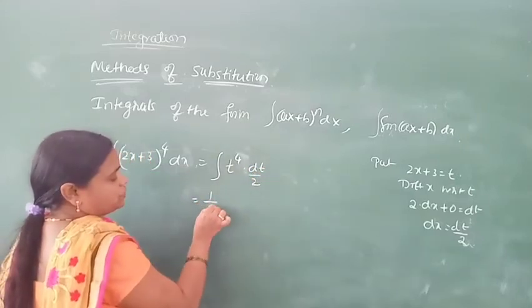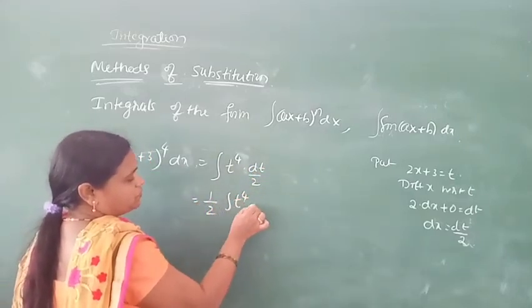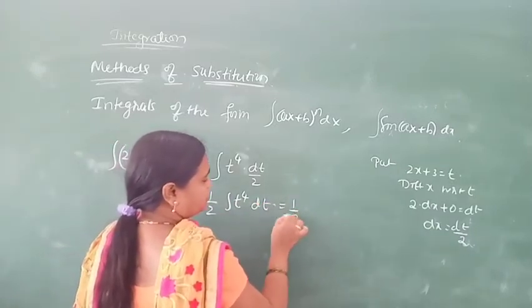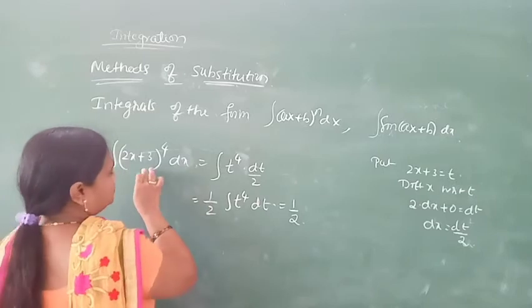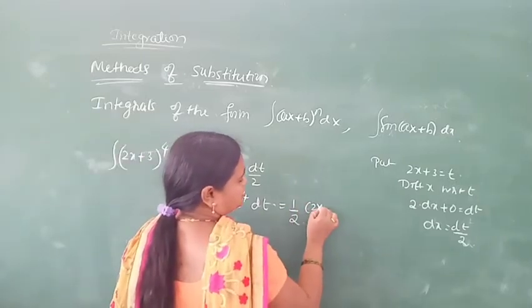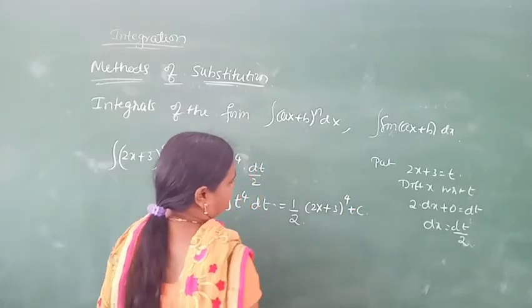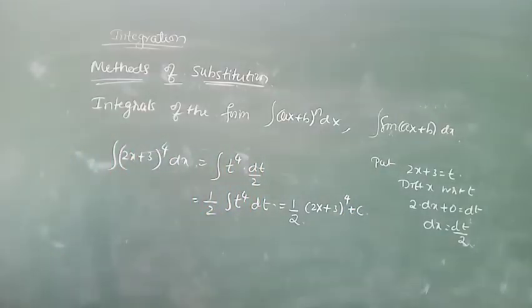Let's take 1 by 2 outside, integration of t to the power 4 dt. Okay, or 1 by 2, t to the power 5 by 5. What is your t? 2x plus 3. Substitute 2x plus 3 to the power 5, plus c. This is how we can do the integration.